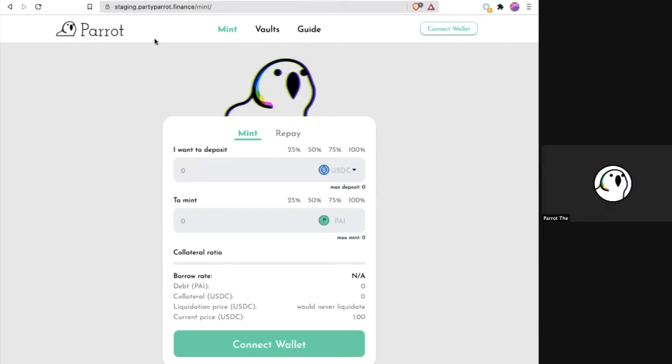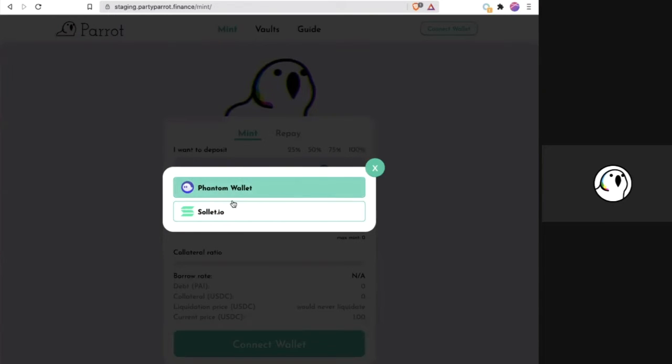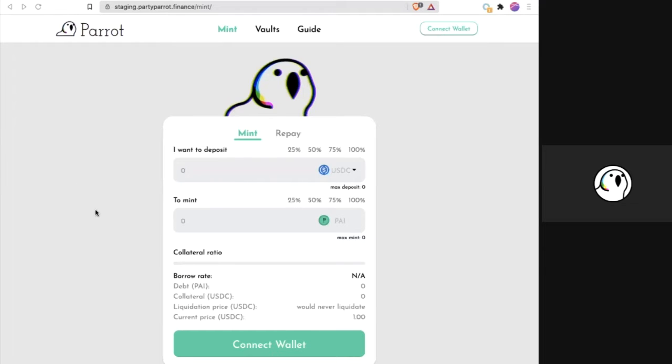Yeah, so this is a really simple product. First, you connect your wallet. You can select between Phantom and Solflare. Then once you're connected, you'll see your stablecoin amount. We can deposit, say, $2, and then we can mint, say, 1 Pi, which is our stablecoin, or 0.5.